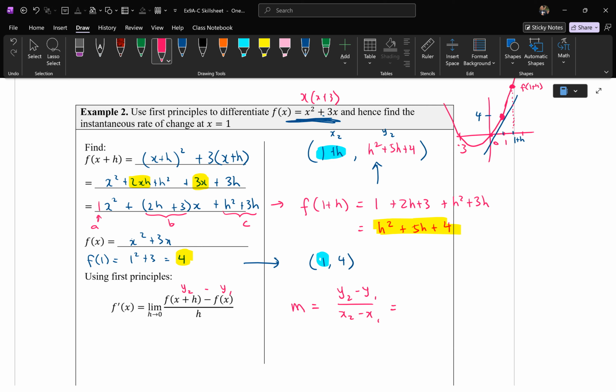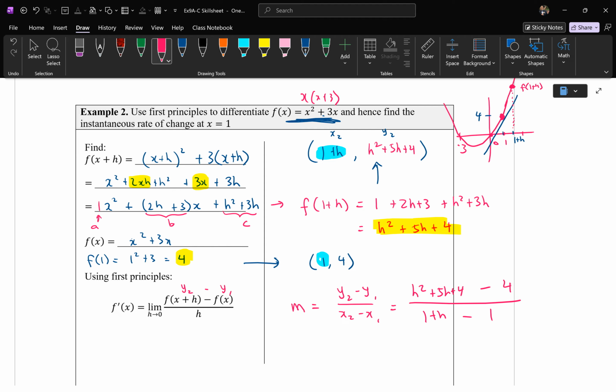I'm taking y2, h squared plus 5h plus 4, minus y1, which is 4, all over x2, which is 1 plus h, take away x1, which is 1, and this is where the formula comes from. That's what the formula is.